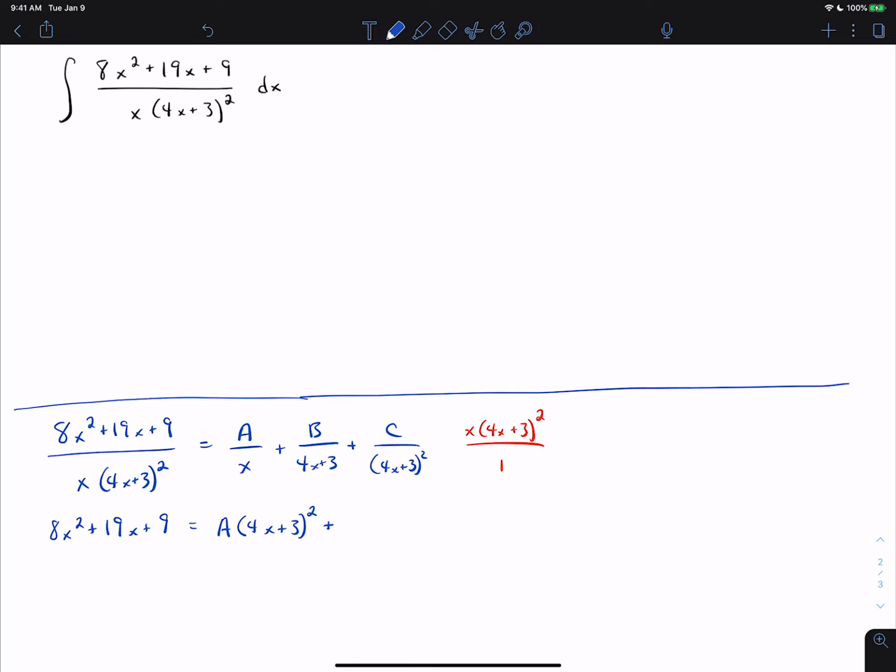On the second fraction, one factor of 4x plus 3 cancels, so we get B, we get x, and we get a single factor of 4x plus 3. And on the third fraction, the 4x plus 3 squared cancels, so we get Cx. Now there's a little more algebra to do, but the goal again is to solve for A, B, and C. So we're going to multiply this out and get 16x squared plus 24x plus 9.